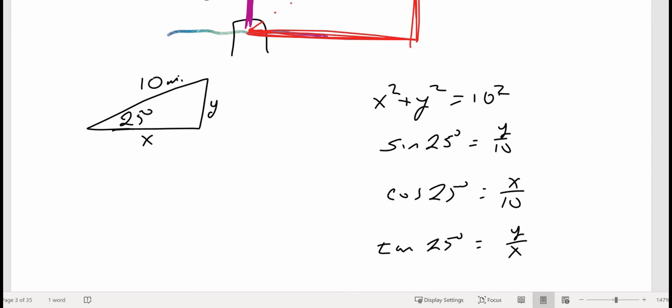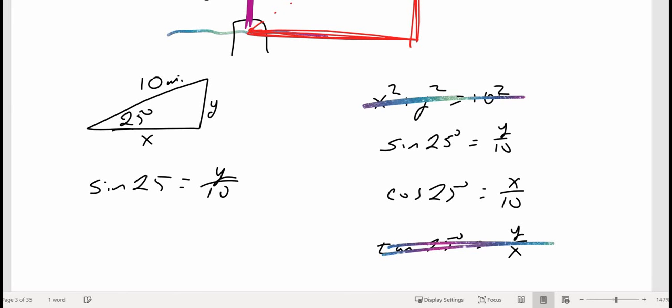Now, I would strike out both of those, because right now, all I need to know is x and y. And I have an equation that involves just y and just x. So why have more complicated ones? So let's just start off with that top one. Sine of 25 equals y over 10. So what's my y equal to? So how do you solve that one?